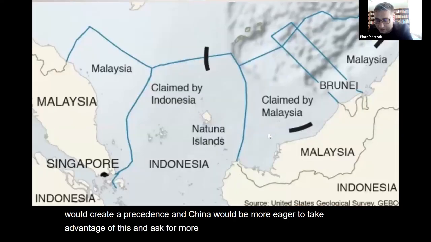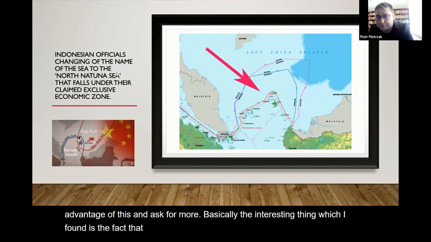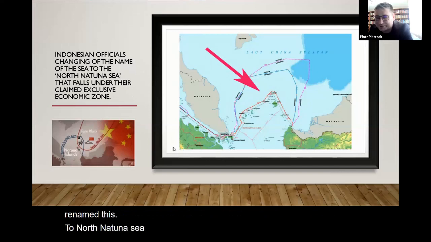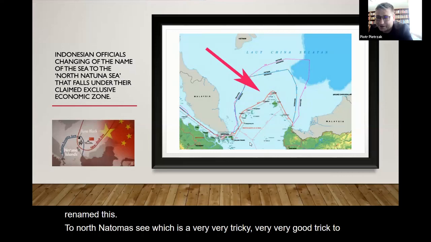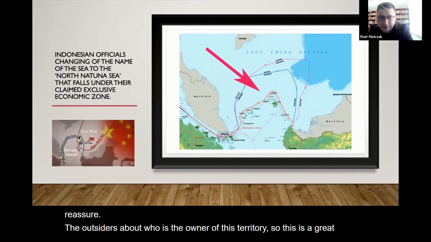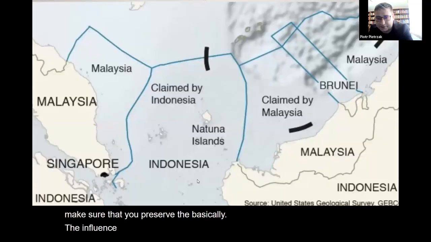The interesting thing which I found is that ever since there is a new president, you renamed this Natuna Sea to North Natuna Sea, which is a very good trick to reassure the outsiders about who is the owner of this territory. So this is a great trick to make sure that you preserve the influence over this territory.